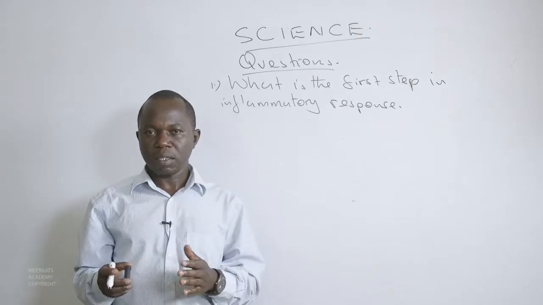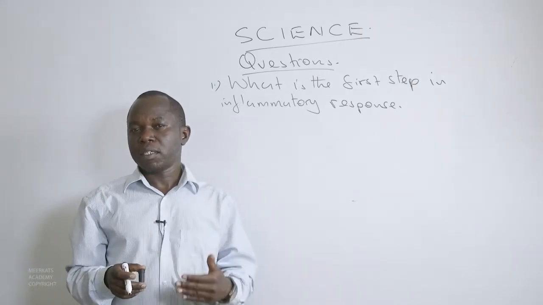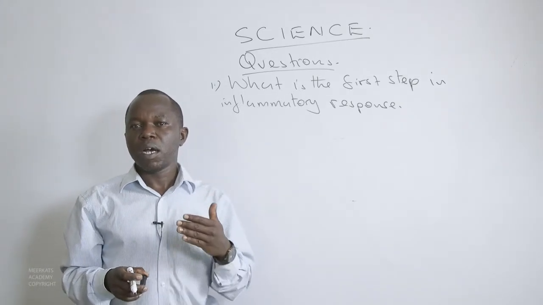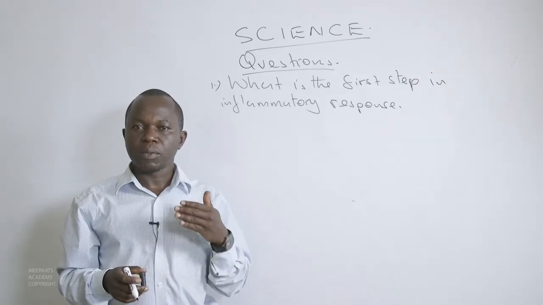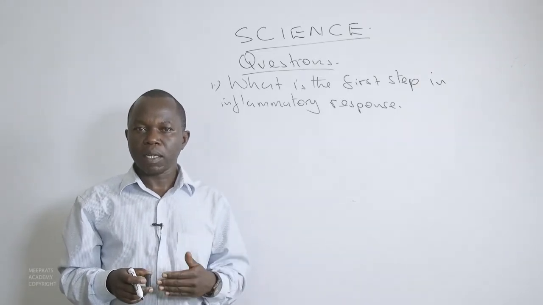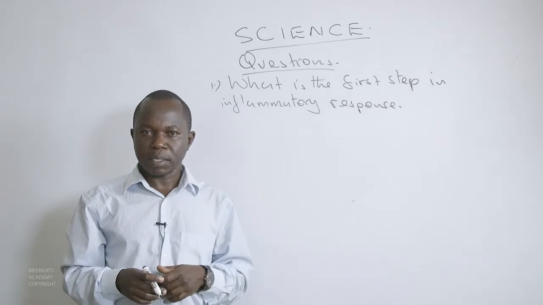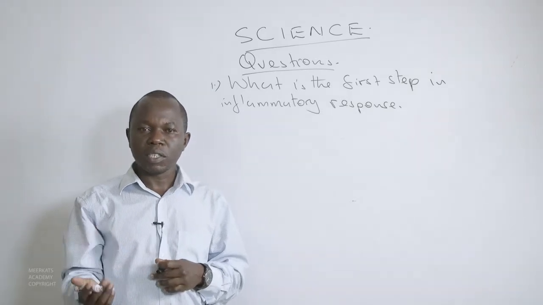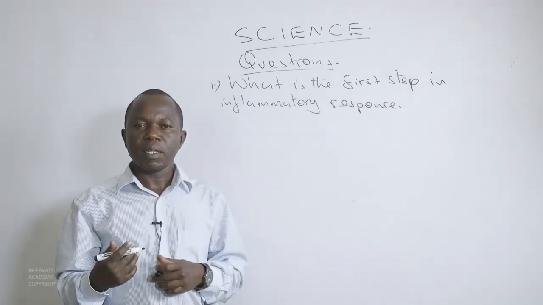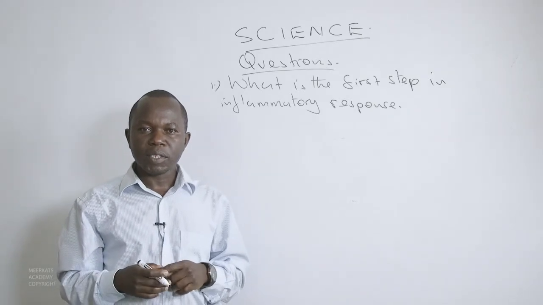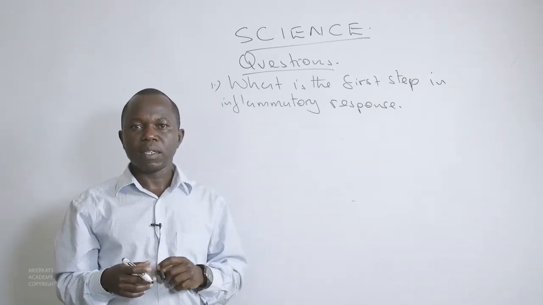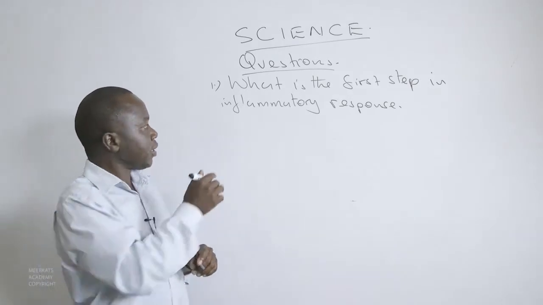So in a nutshell, we are saying the first step is for the body tissues and cells to recognize the stimulus through their receptors, and in the process there will be release of immune cells together with molecular mediators.